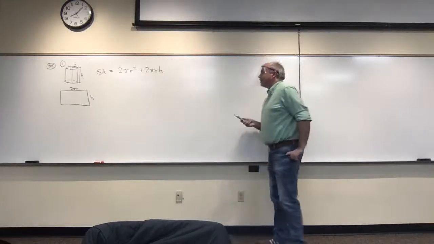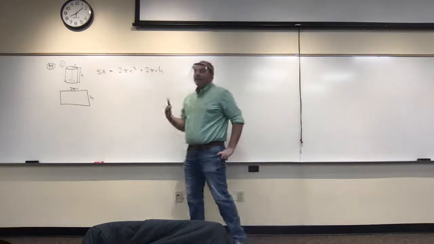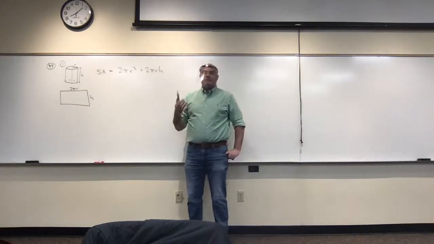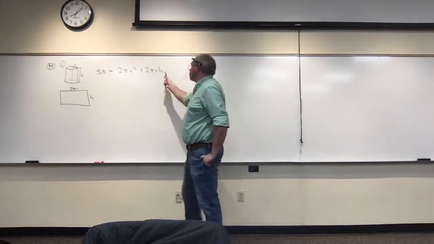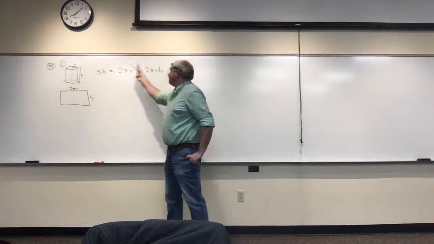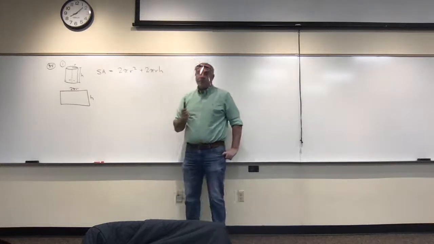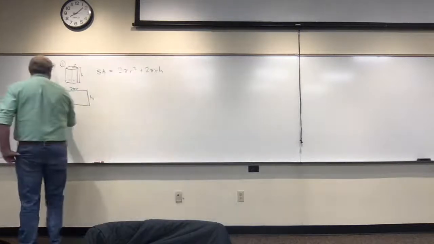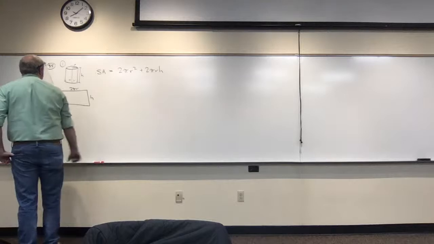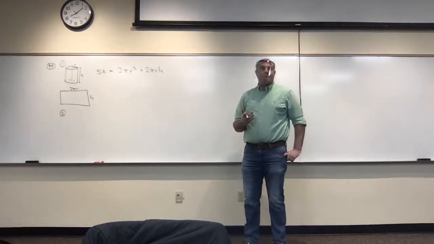Well, now I'm asking, is there extra information in this problem that will help me turn this into just one variable? Because you notice here I have an r and an h. So is there any other information given to me in this problem?